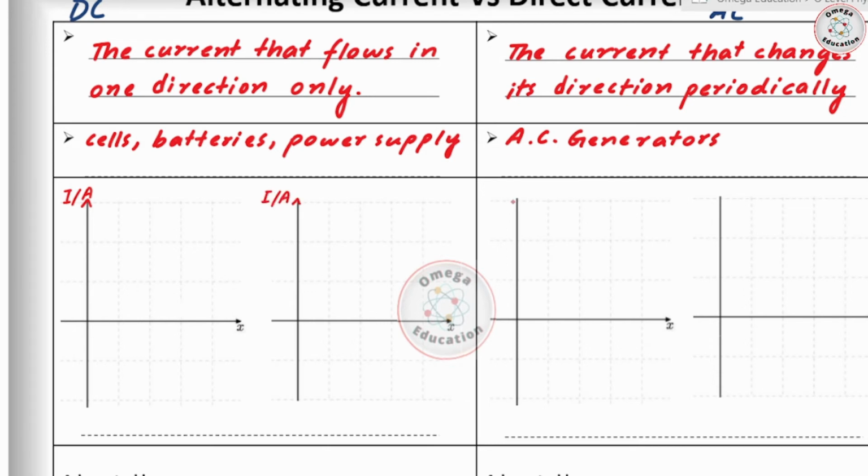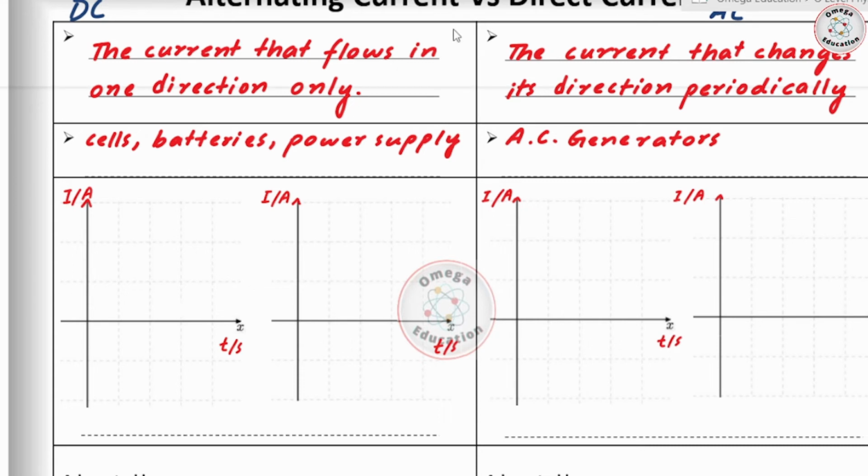I can write over here as well, current is measured in amperes. And on the x-axis, I'm going to represent time in seconds. You can cross out this one x, because we have already mentioned the quantity, that is time, on the x-axis. So time on the x-axis and current on the y-axis.